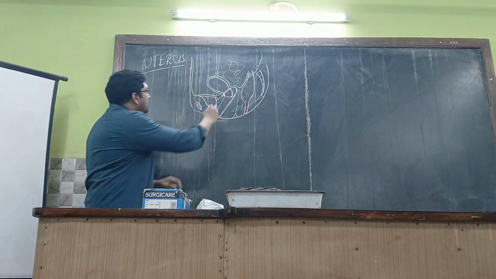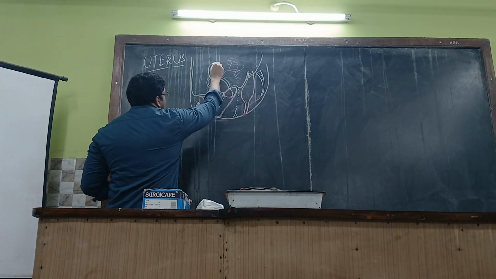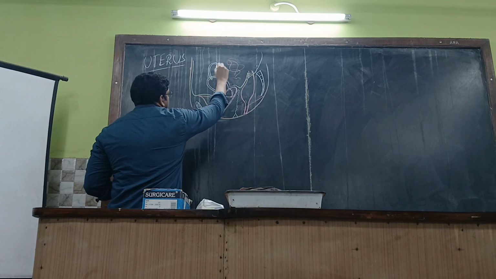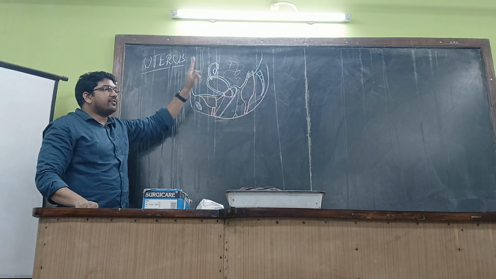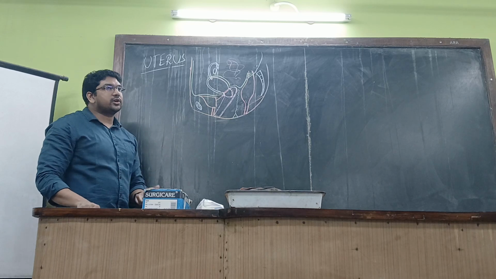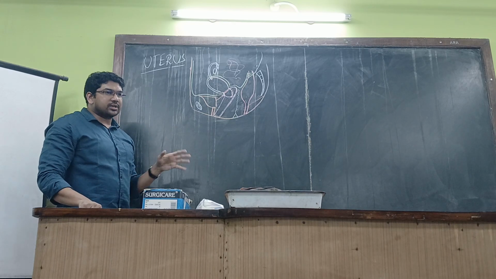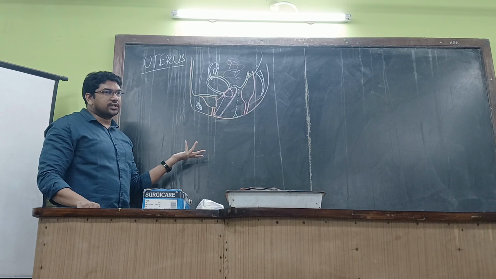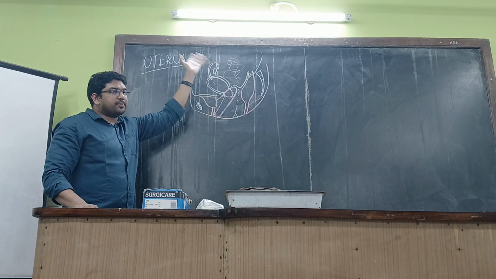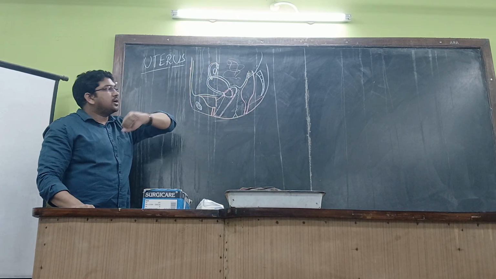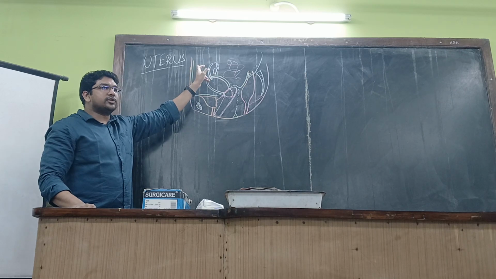First of all, there are two fallopian tubes over here. To prevent pregnancy after completion of the family, after having 2 or 3 children, the female wants to prevent pregnancy from occurring. What will the doctor do to the patient?